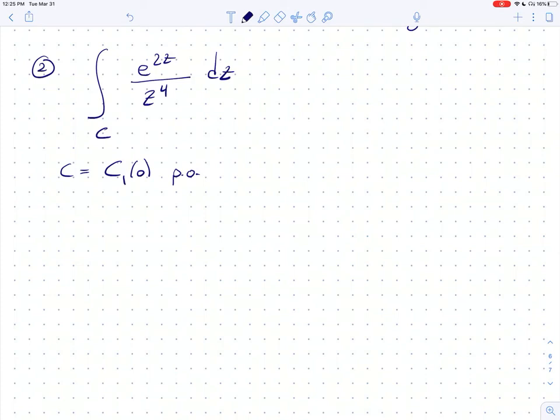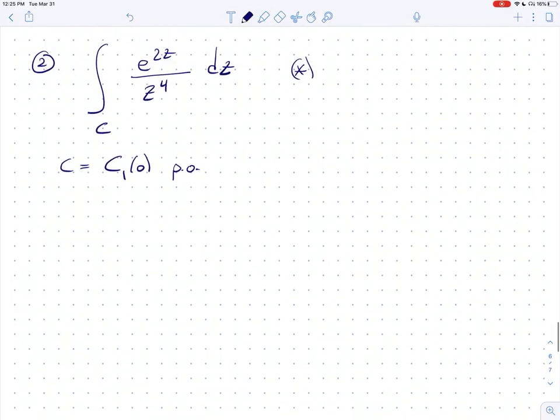All right, so I look at this problem, and I need to identify f of z, and then I have to be able to think about this in the right way. So let's label this integral star so we can come back to it, and we're going to let f of z be just e to the 2z.